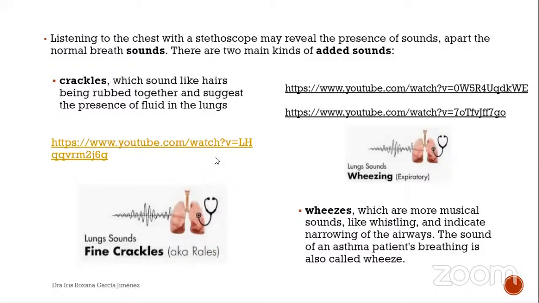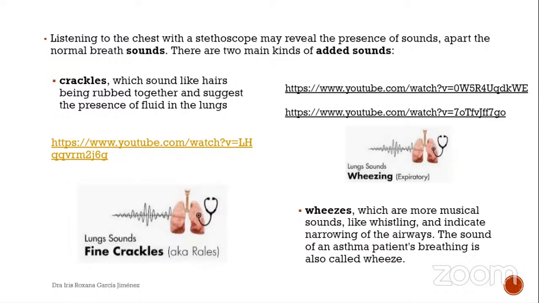During the auscultation with the stethoscope, we have these sounds, for example, crackles, which sound like hairs being rubbed together and suggest the presence of fluid in the lungs. This link sends us to another page where we can hear the crackles. We have the wheezes, more musical sounds like whistling, and they indicate narrowing of the airways.